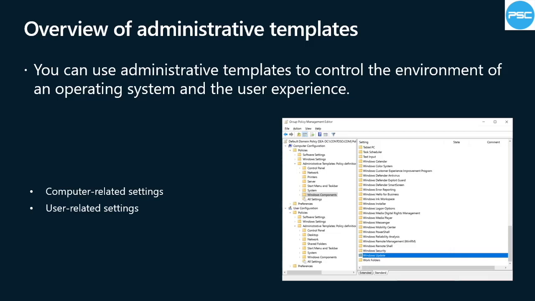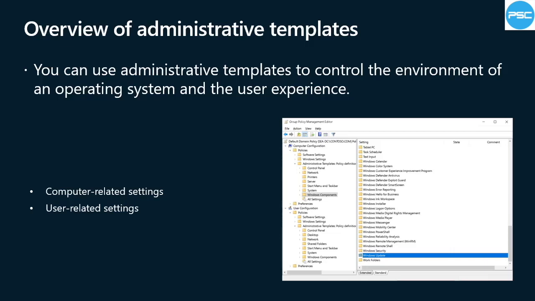The administrative templates node has two sections: the computer configuration settings and the user configuration settings. In the case of conflicting settings, the computer setting prevails. Computer configuration includes settings related to control panel, network, printers, server, start menu and taskbar, system, Windows components, and all settings.